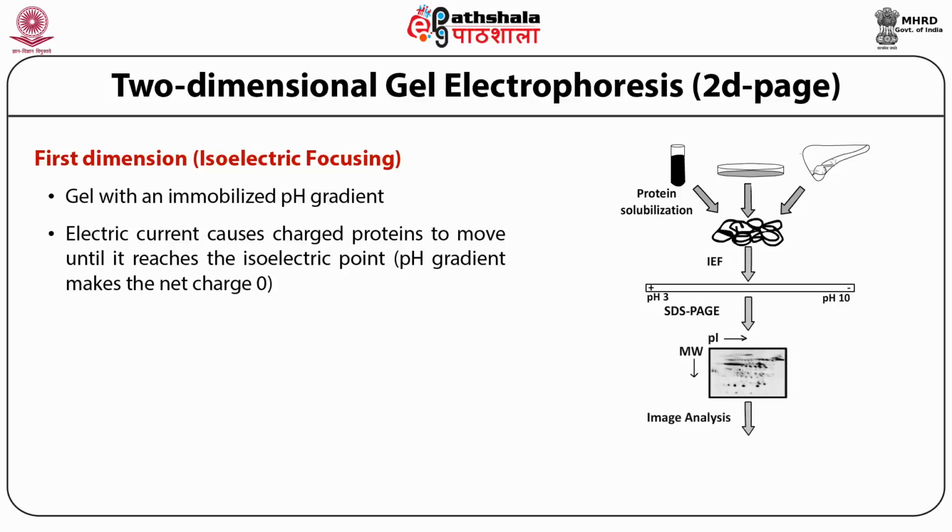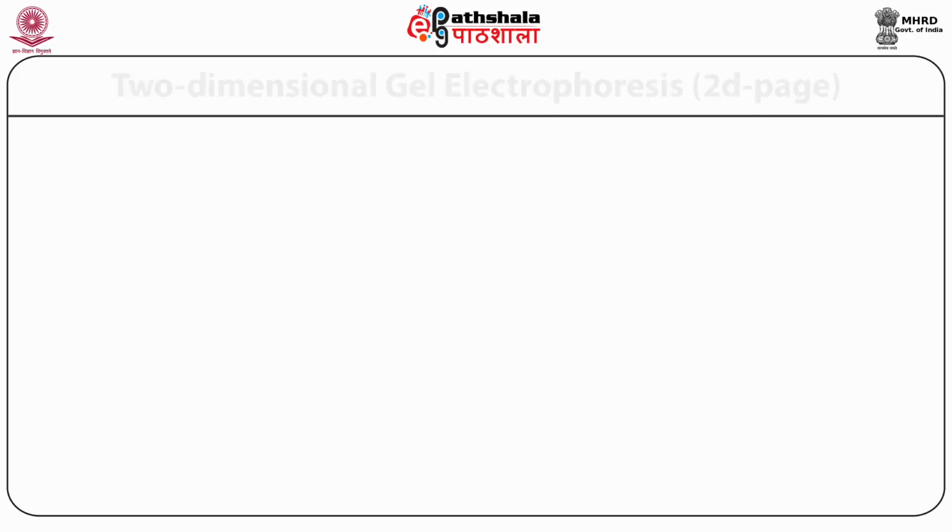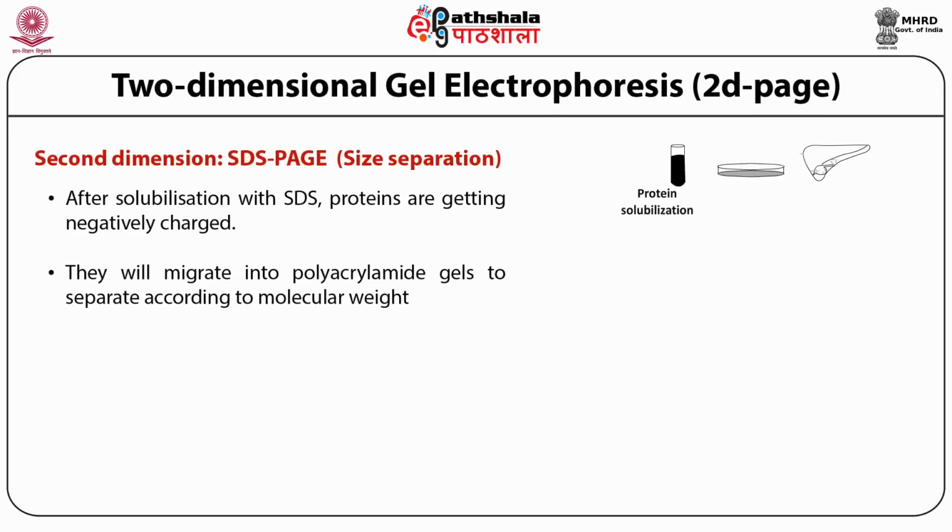Proteins are first separated by isoelectric focusing, which is based on their net charge at different pH values. The second dimension is performed on SDS-PAGE, and proteins are now separated on the basis of their molecular weight.